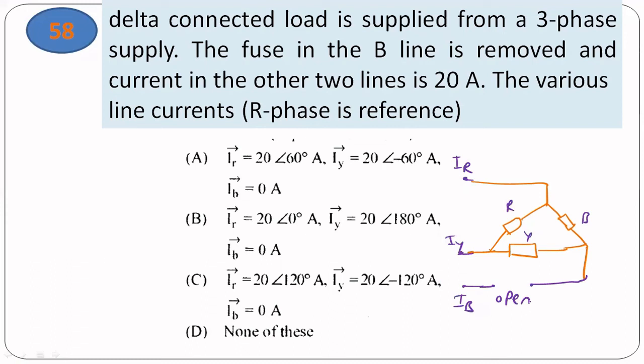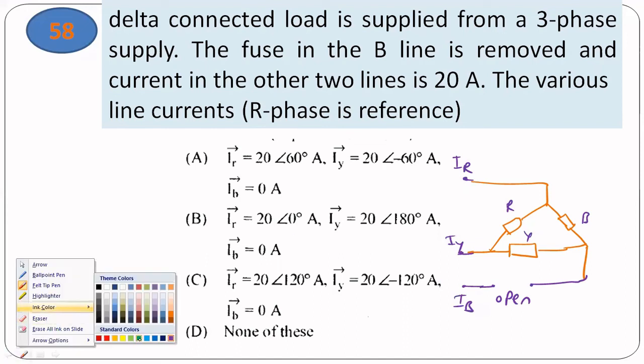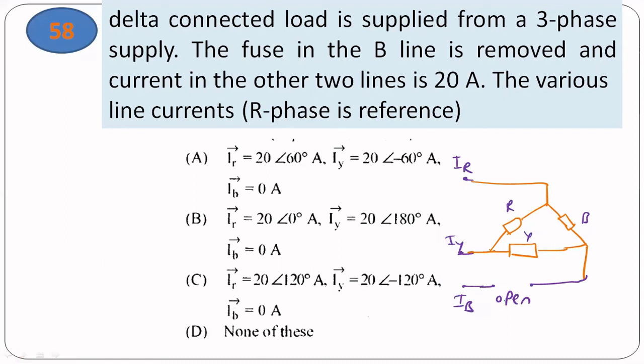Now if we look at the required answer, we can easily determine that since B phase is open, IB will be equal to 0 amperes, whereas IR is the reference phasor, which is 20 at an angle of 0 degrees, as the data given here.